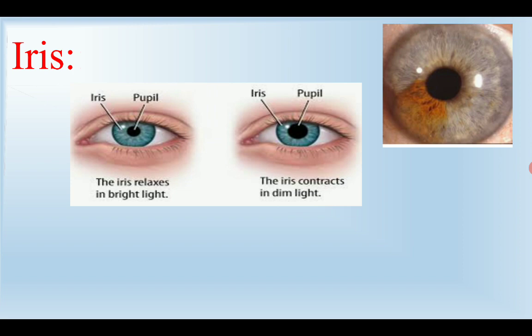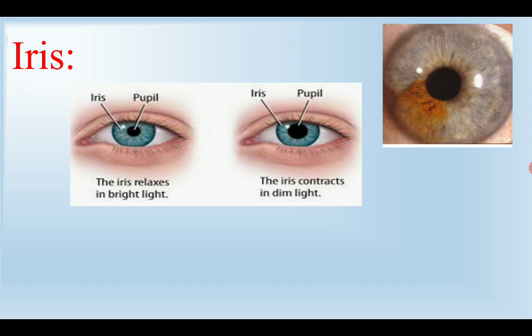And you can see in the picture, we have the iris and the pupil. The pupil of every person is black. That is a black hole. But the color of the iris is different for different people, and this is the way we can differentiate between the eyes of different people: the blue eyed, the gray eyed, the black eyed, the brown eyed. A variety of iris or eye colors are there in this world.